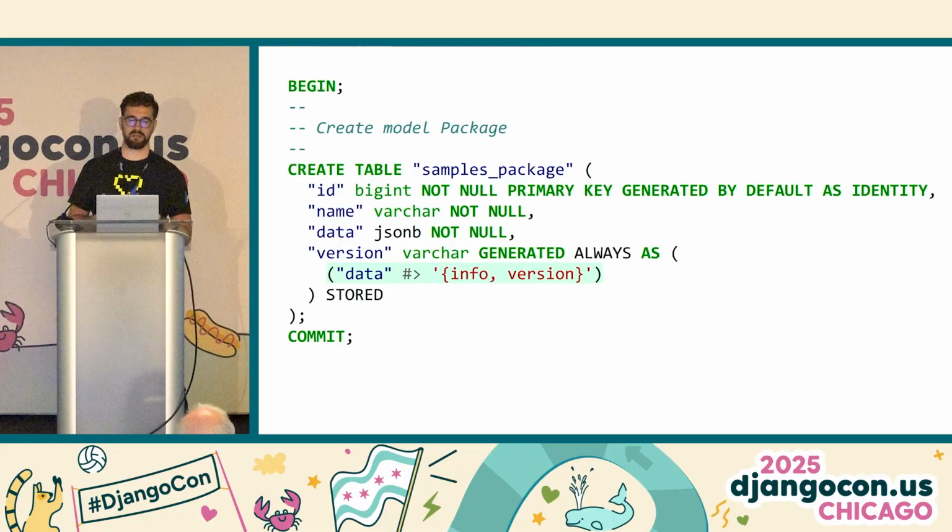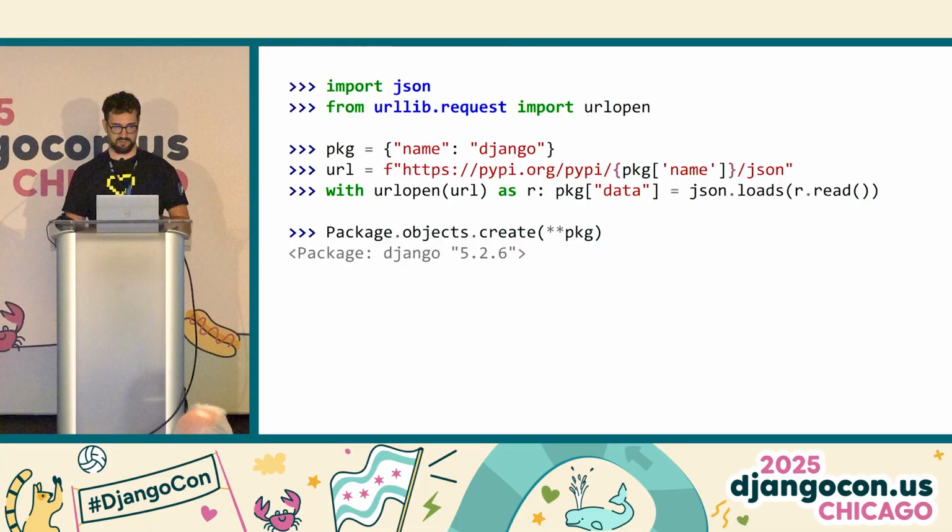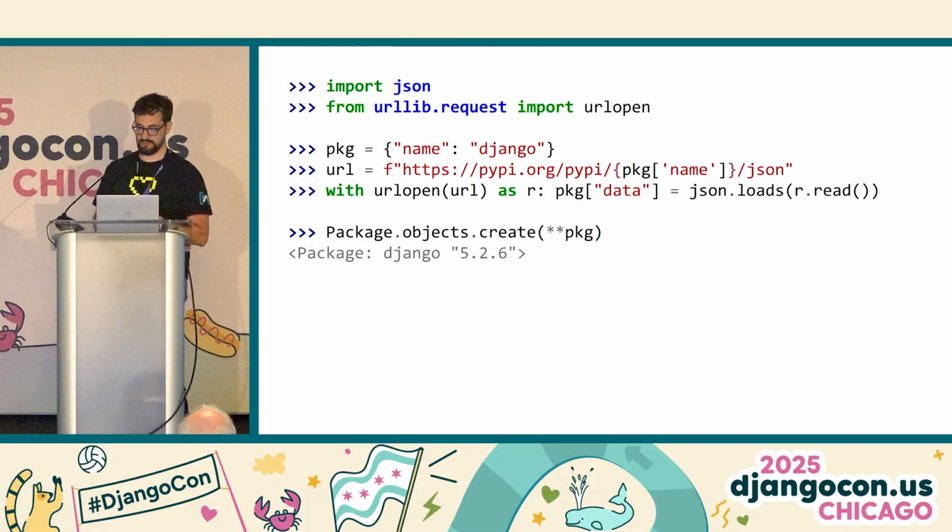We see here the SQL code specific for Postgres and also the syntax that Postgres uses to extract information from the JSONB column. So I tried here to use only the Python standard library to read the data from the PyPI repository. And after putting the JSON data directly in the data field, what we have is the representation of Django with the latest version.